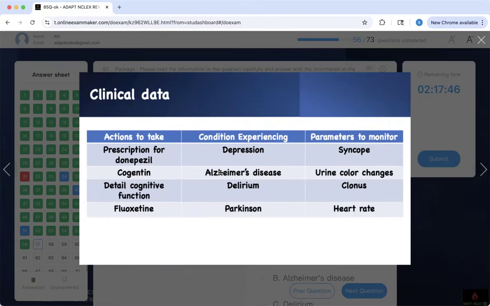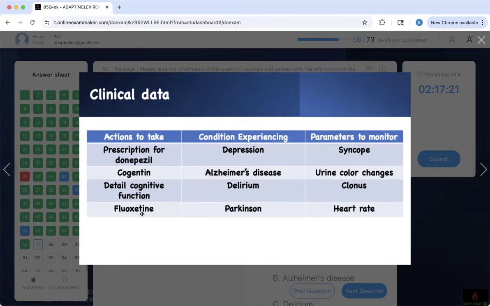So this is Alzheimer's. If this is Alzheimer's, what are you going to do? We've got to give them donepezil, right? That's the treatment for that. Followed by what? Cognitive function to see where they are. Cogentin is anticholinergic, right?